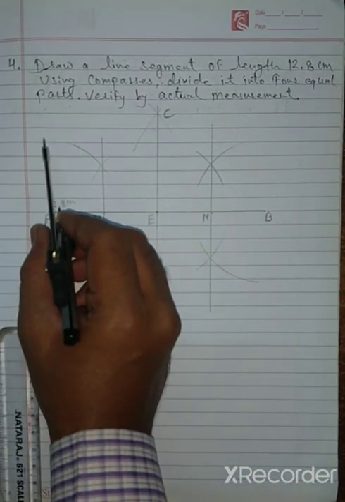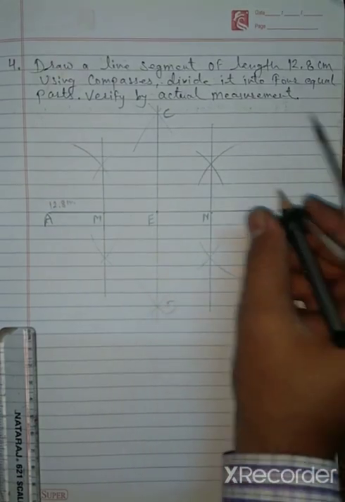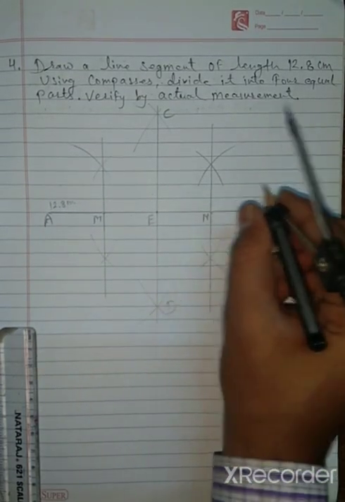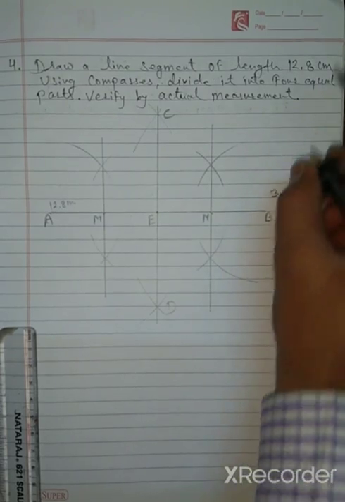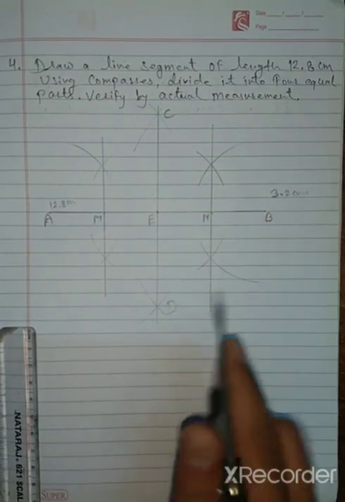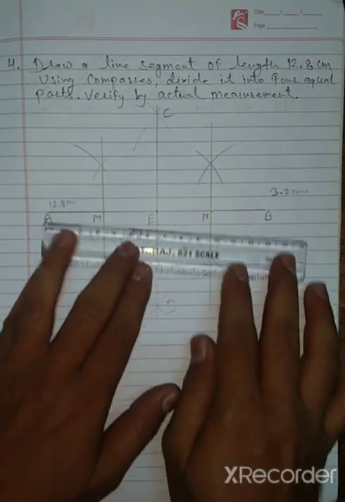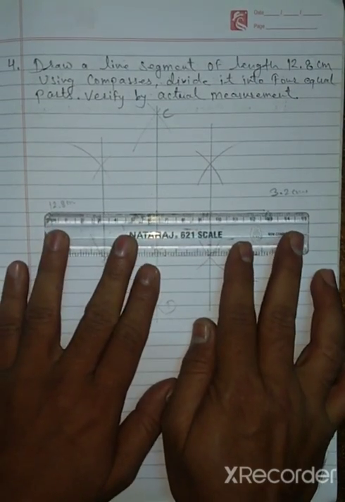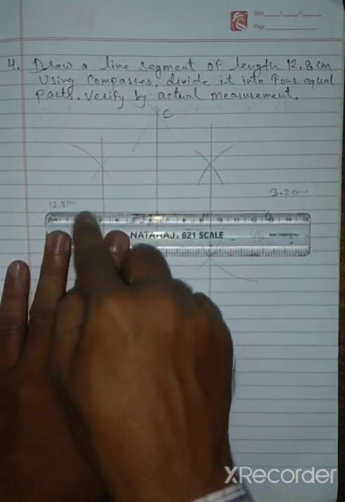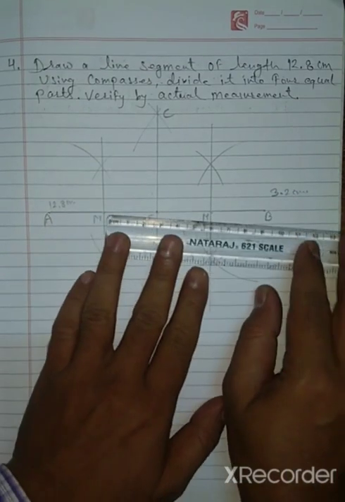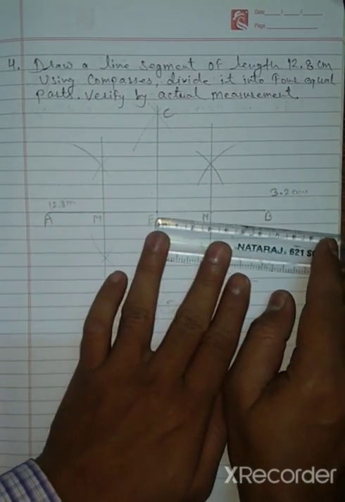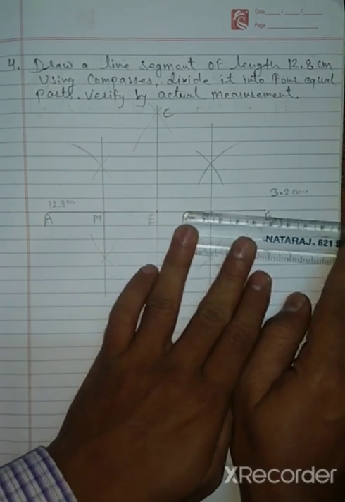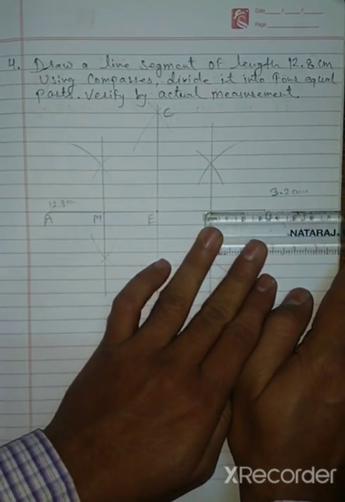The total length is 12.8. If you divide 12.8 by 4, you will get 3.2 centimeter. Now check with your ruler. This is 3.2, again this one 3.2, 3.2 and 3.2.